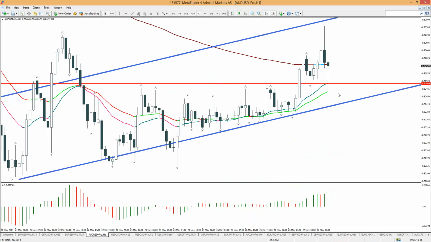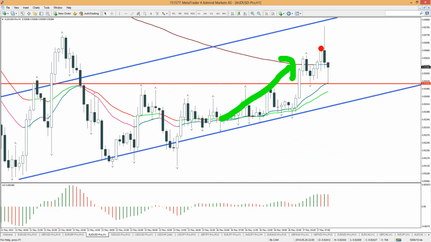Let's take a look at this hourly. Hourly, we can already see a big reversal candle, but we do have that support factor close by. So that's a bit of a battle line at the moment for bulls and bears. We have bearish candles, but still bullish higher highs and higher lows.